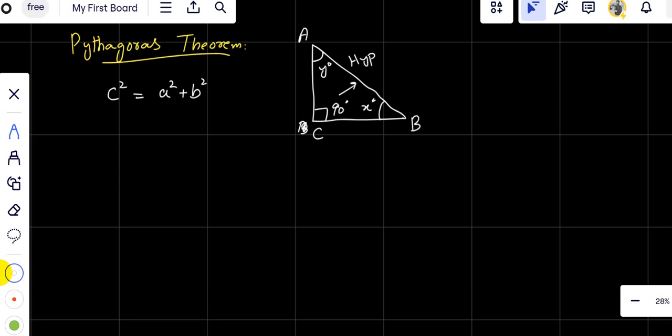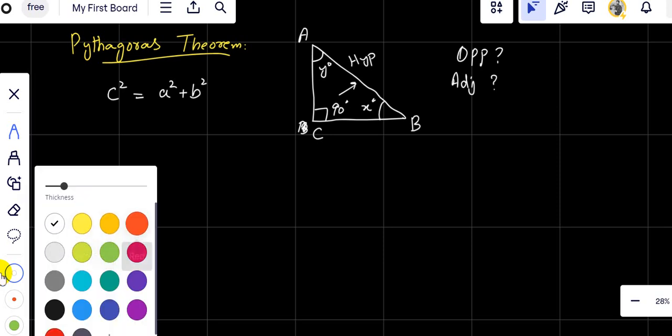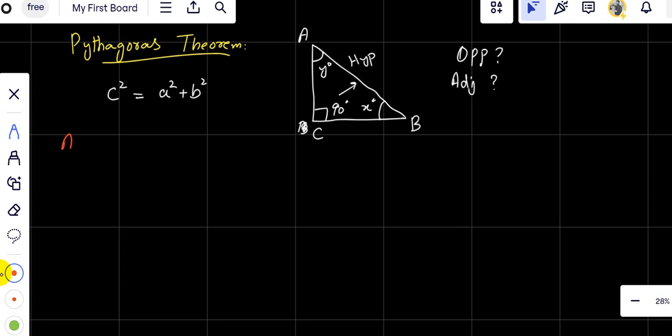So let's say I target y, and I want to find the opposite and adjacent according to angle y degrees.